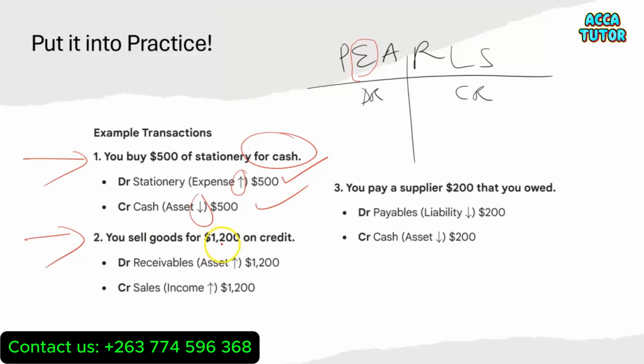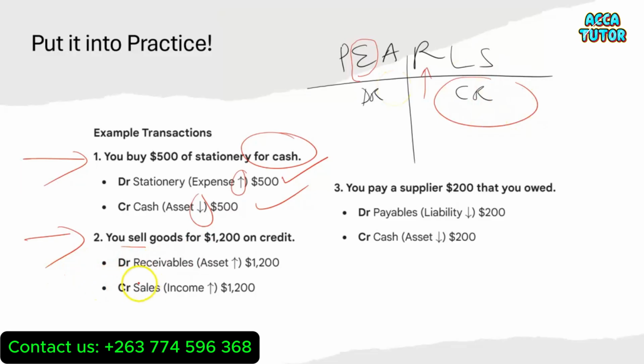You sell goods for $1,200 on credit. So you have made some sales. And if we go to the PORTS acronym, we say that sales are revenue. The R there stands for revenue, sales. Okay. So the sales are increasing. So if sales are increasing, we credit sales.